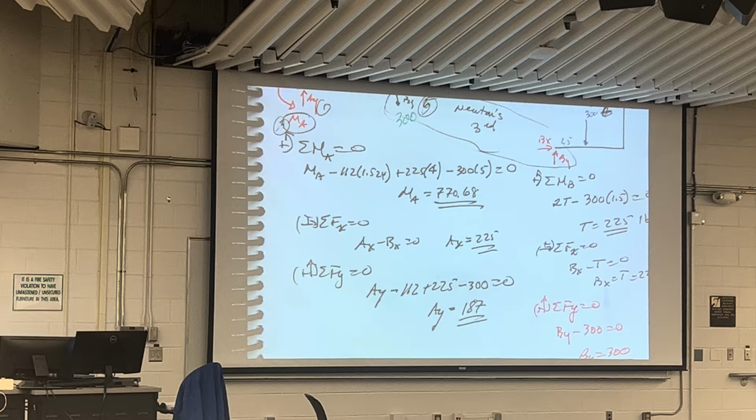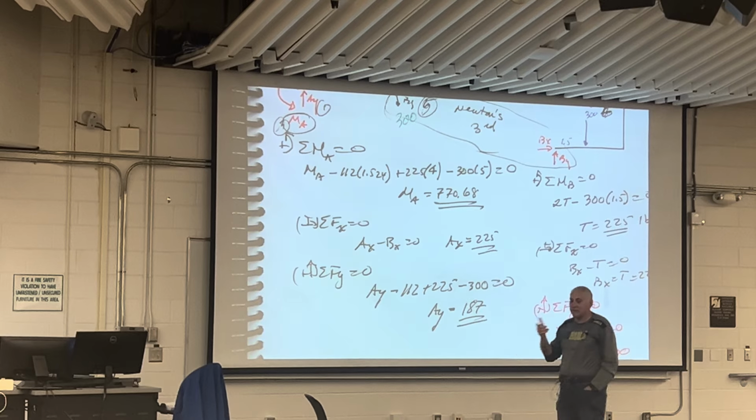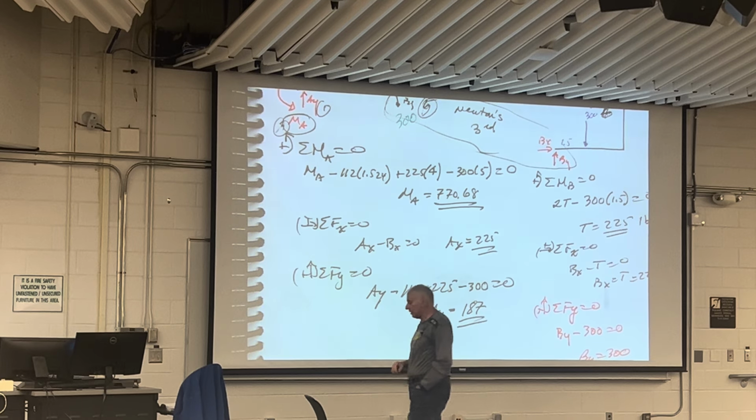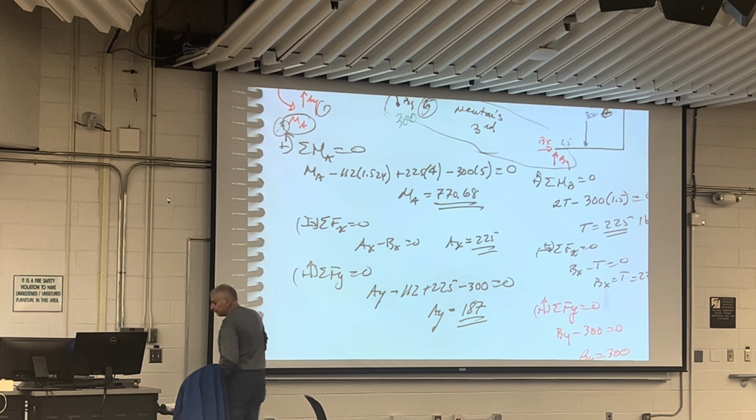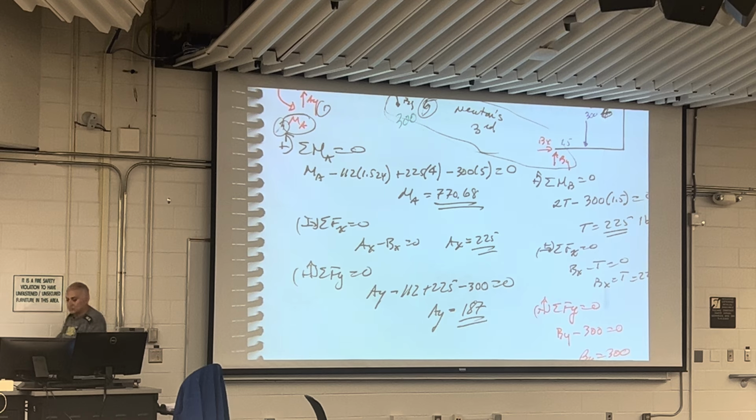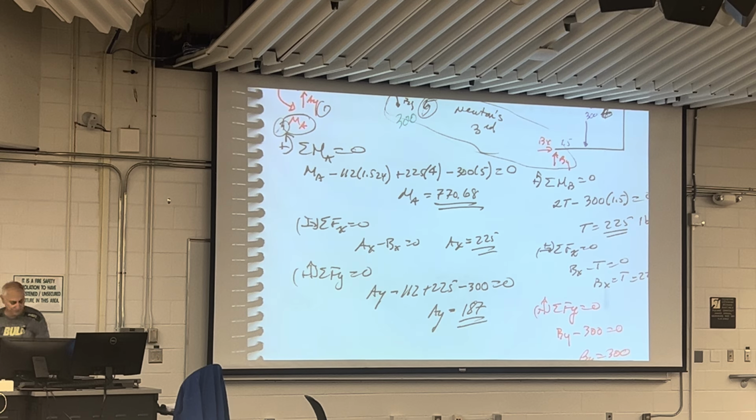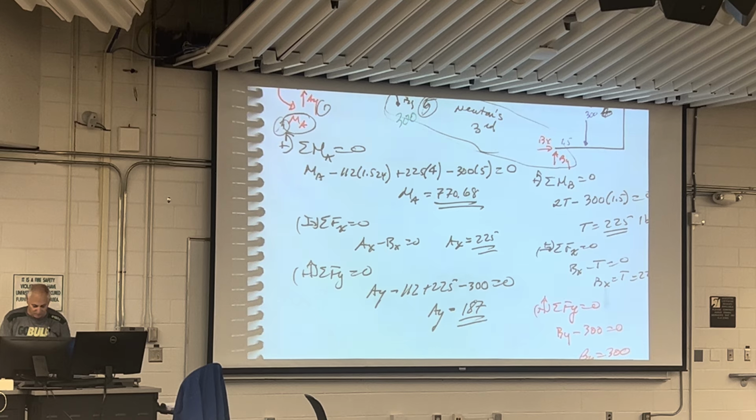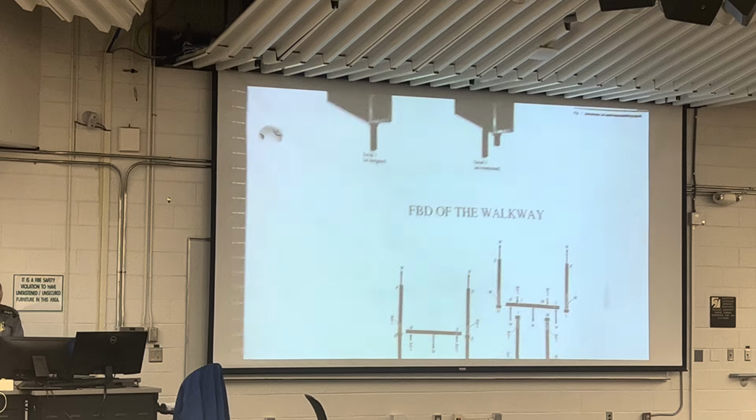If there's a negative, I just bring it with me to the next diagram. That negative is telling me the arrow's in the wrong direction. Questions? All right.